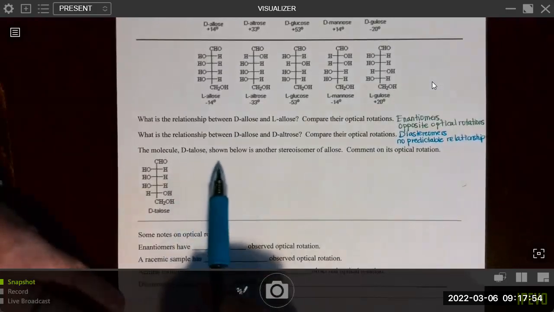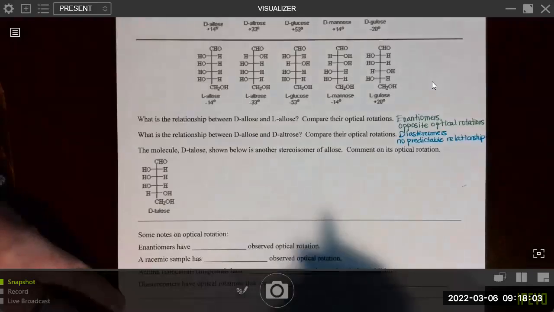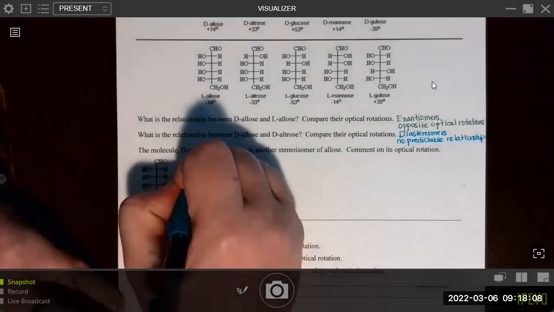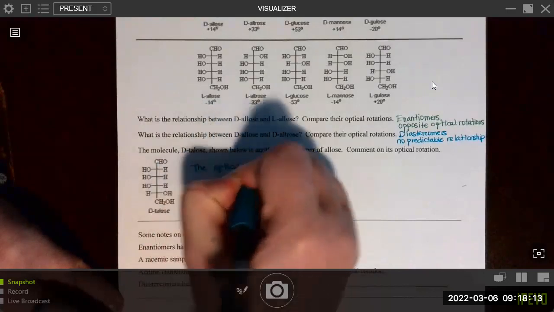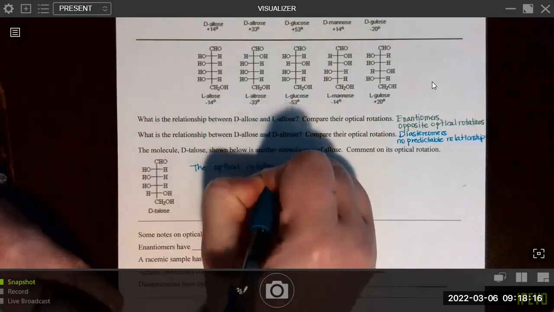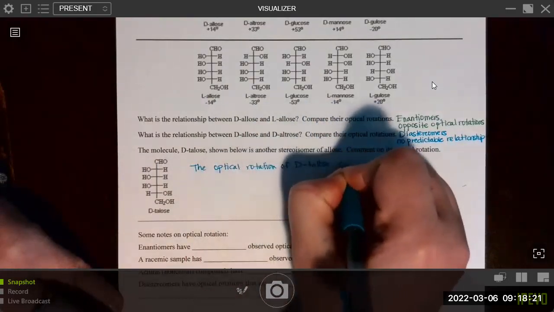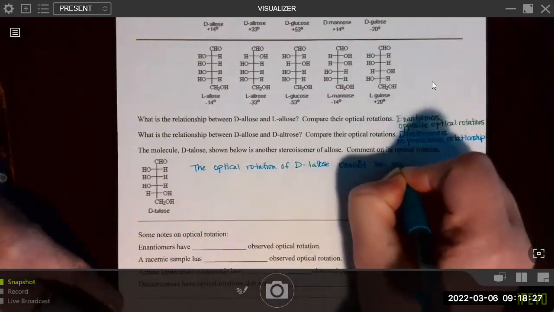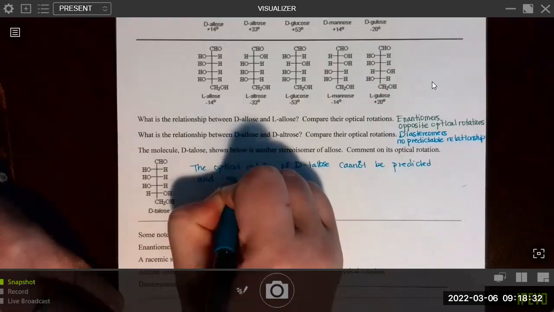Okay, the molecule D-maltose shown below is another stereoisomer of allose. Comment on its optical rotation. Right? So we basically have no idea. We cannot comment other than to say the optical rotation of D-maltose cannot be predicted and must be measured experimentally.